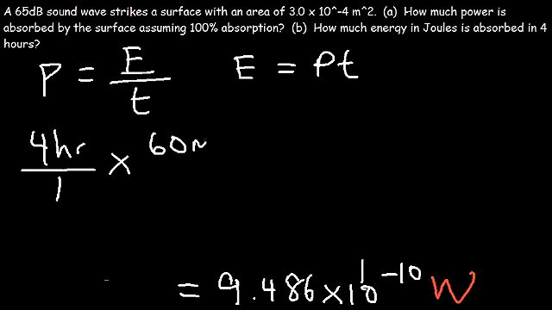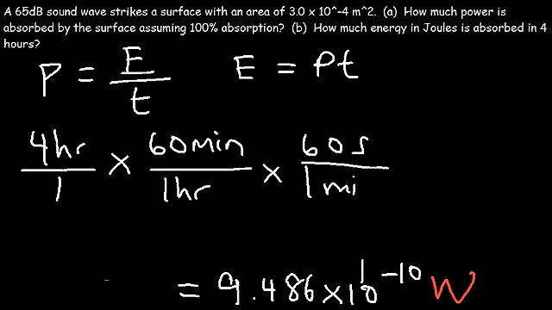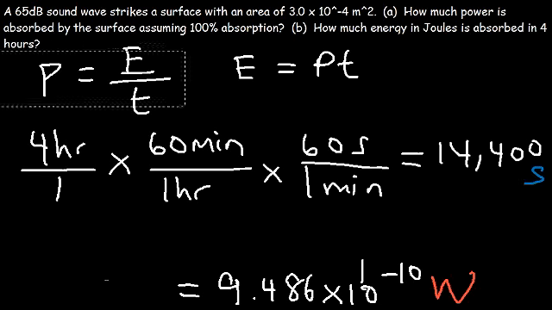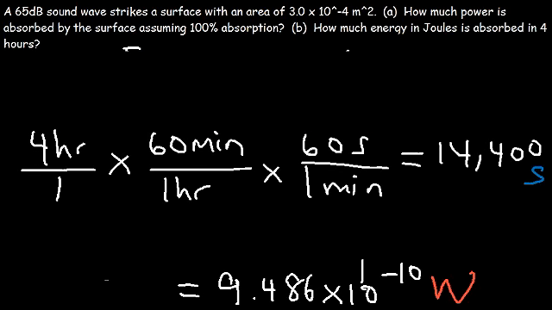So there's 60 minutes in an hour, and there's 60 seconds in a minute. So it's 4 times 60 times 60. So we have 14,400 seconds. So now we can calculate the total energy absorbed.